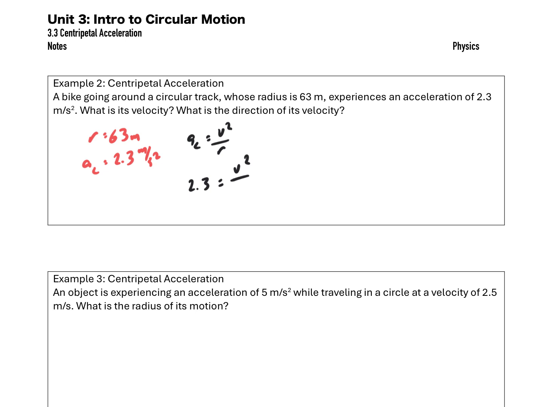Make sure we have the squared piece of it. So here's the math that we'll need to get there. So the velocity should be about 12 meters per second. So we'll be able to figure out how fast something is moving based on what we know there.